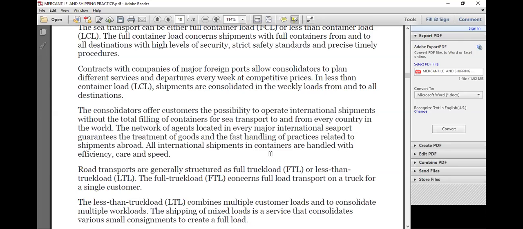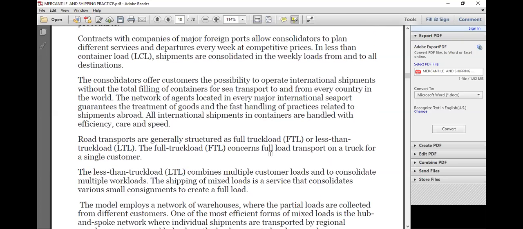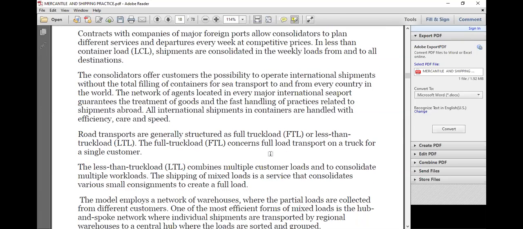Road transports are generally structured as FTL, that is full truckload, or less than truckload. FTL concerns the full load on a truck for a single customer, so FTLs are normally for a single client. LTLs will normally combine multiple customers' loads to be consolidated on multiple workloads.